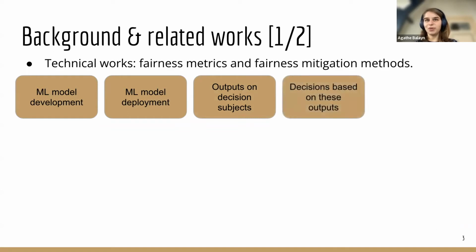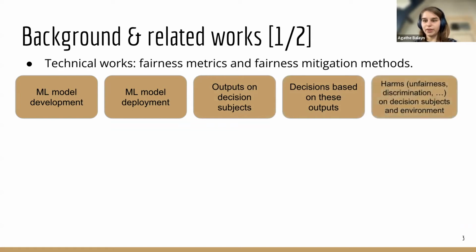Once we have these outputs, a certain decision is taken for these subjects, either by humans or directly by following the outputs. And typically, this is where we see some harms happening, what we talk about when we say unfairness or discrimination. These harms are typically associated to the decision subjects, but they could also be caused by the machine learning model on the rest of the environment except the decision subjects.